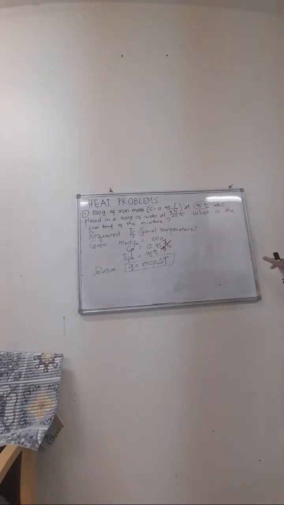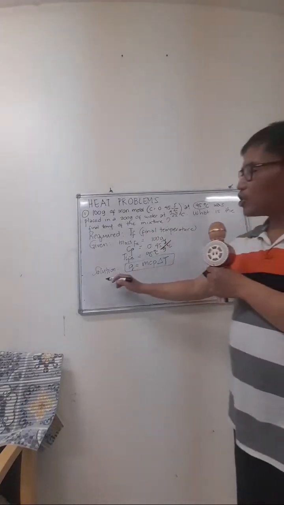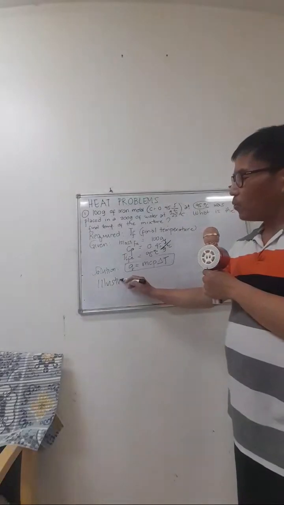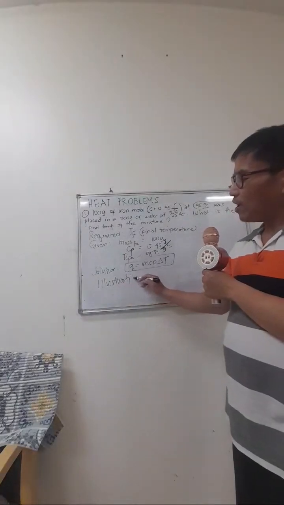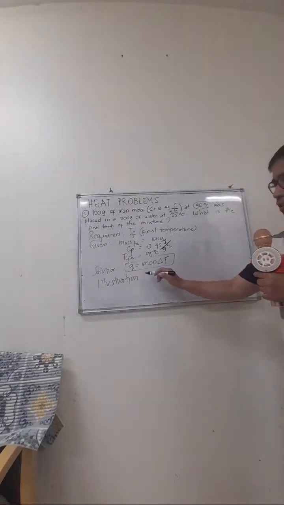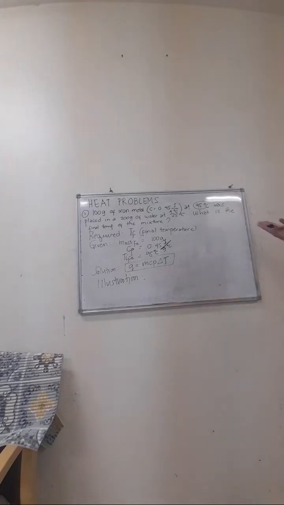So, our illustration to understand further: illustration, drawing, schematic diagram, flow chart, or sketch. The container is not mentioned, whether it is a beaker, flask, a funnel, or whatever. It's general.